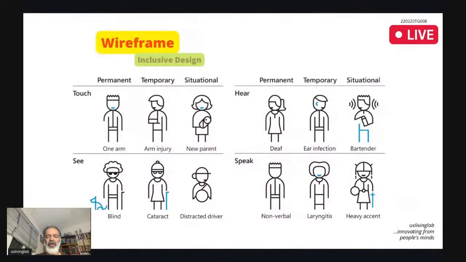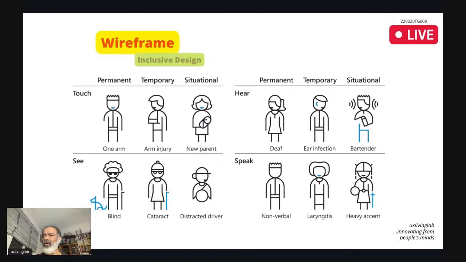Next, we come to inclusive design. What is inclusive design? Inclusive design talks about how you are including people with all disabilities. For example, you already selected one persona, maybe your persona is between 20 to 30 years. Still, you can find a group of people who have permanent disabilities, temporary disabilities, and situational disabilities, which restrict their use of your product.